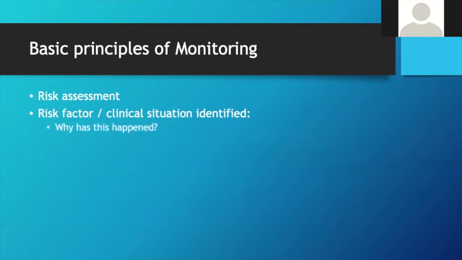Okay? So if we have a special situation, and today's talk is going to be about meconium, we always have to ask ourselves, why is this there? Why is this clinical situation happening as it is at this point? What has led to this point? What can this lead to further? So what's the next step of the process, and how can I make this better?